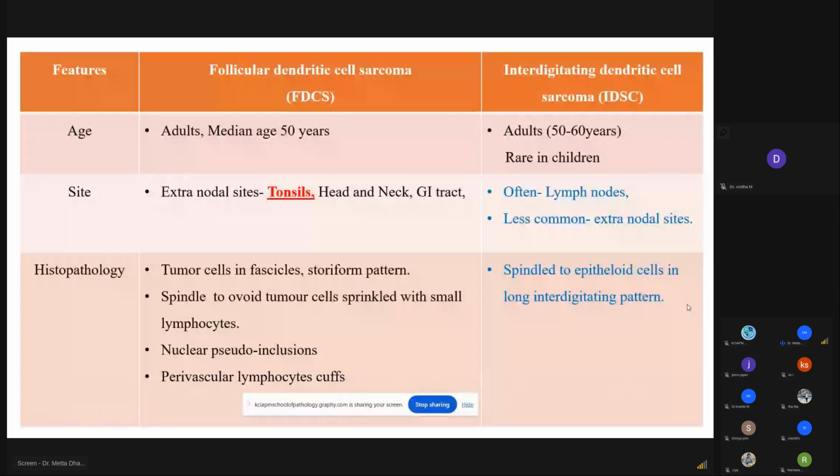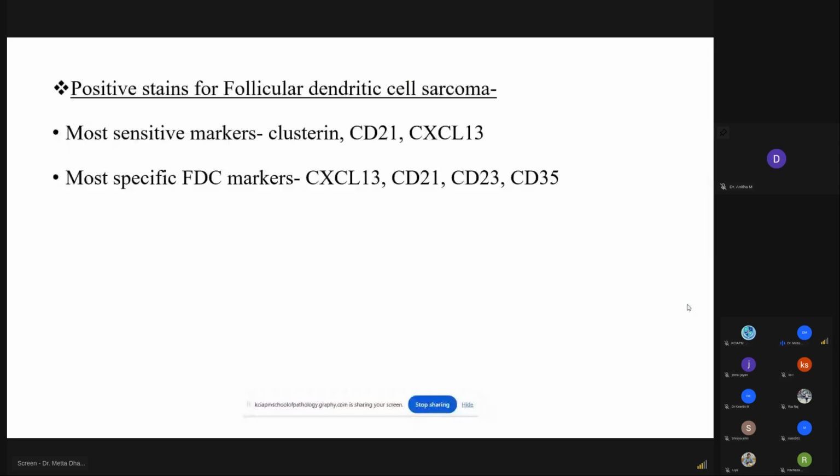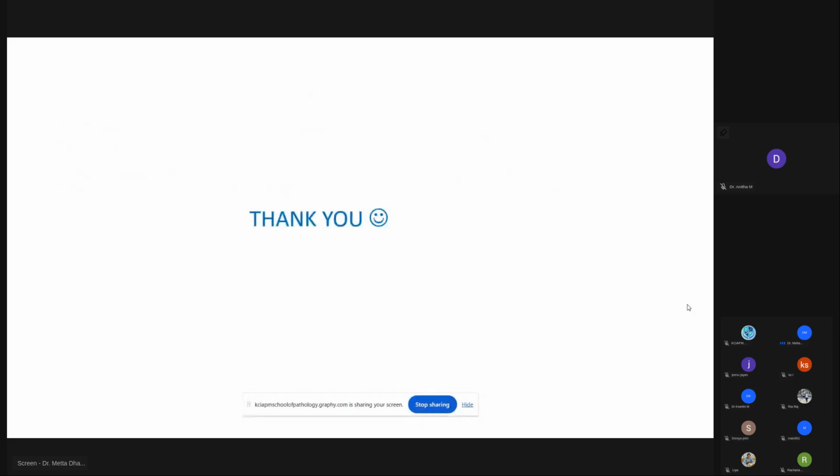Whereas in IDCS, spindle to epithelioid cells in long interdigitating patterns are seen, which I was not able to see in this case. The positive stains for follicular dendritic cell sarcoma, the most sensitive markers are clusterin, CD21, CXCL13, and the most specific FDC markers are CXCL13, CD21, CD23, and CD35. Thank you.